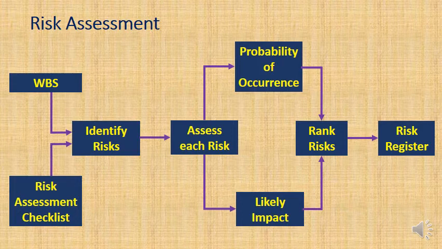What would the impact be? What would the likelihood be? Has this happened on previous projects of similar type? You list all of the risks, and then you go into assessing the risks. And basically, those are two different things you'll be doing. You'll be assessing the probability of occurrence and the likely impact.